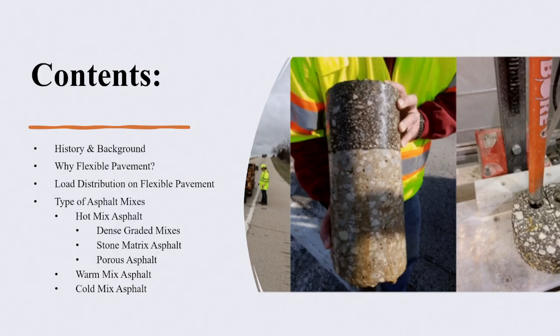So here, basically, I will be telling a quick story about the history or the background, how asphalt came into play and how it entered into the business of roadway construction in the US and the rest of the world, and why the flexible pavement, which is asphalt concrete pavement, is having the lion's share.